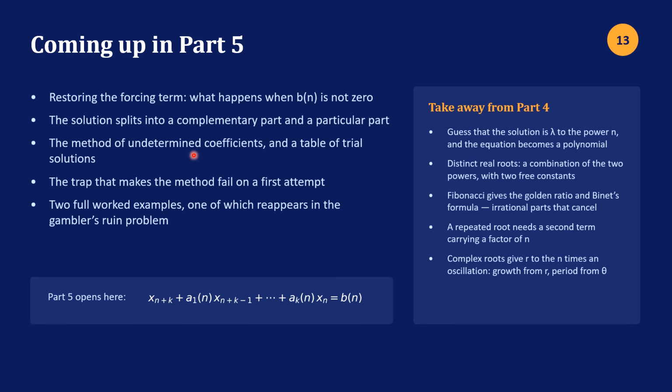The method of undetermined coefficients and a table of trial solutions. The trap that makes the method fail on a first attempt. So we'll talk a little bit about some possible ways you can go wrong. And then 2 full-worked examples, one of which reappears in the Gambler's Ruin problem.